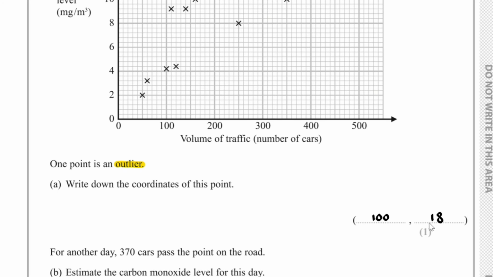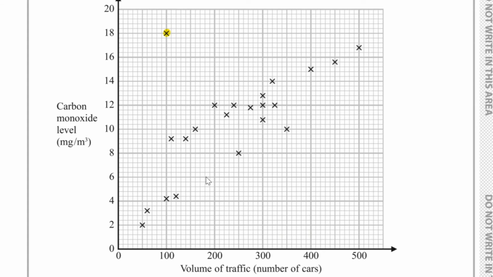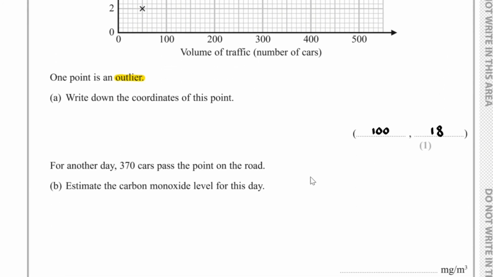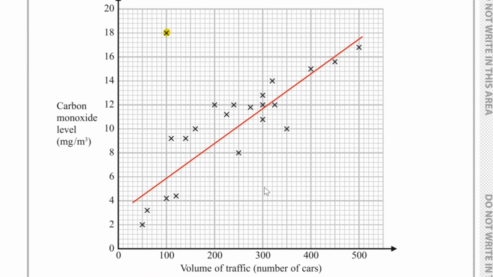18. Then, for another day, 370 cars pass the point on the road. We have to estimate the carbon monoxide level for this day. Well, first of all, we need to draw a line of best fit. So if I draw a line of best fit, we have something looking like this. And then what we need to do, we need to estimate the carbon monoxide level for this day. So 370 cars.